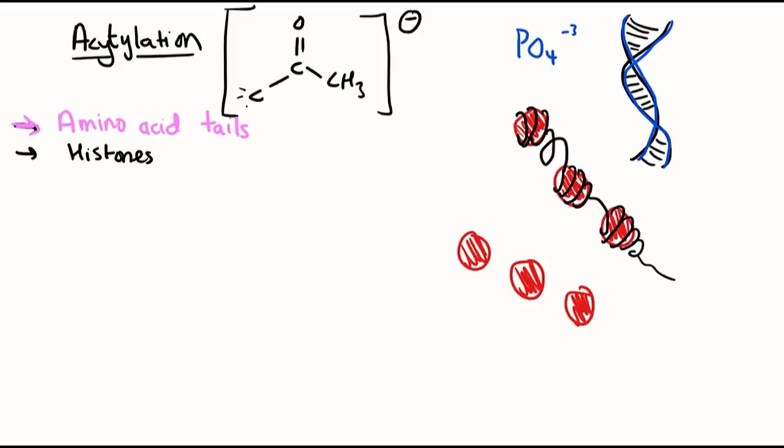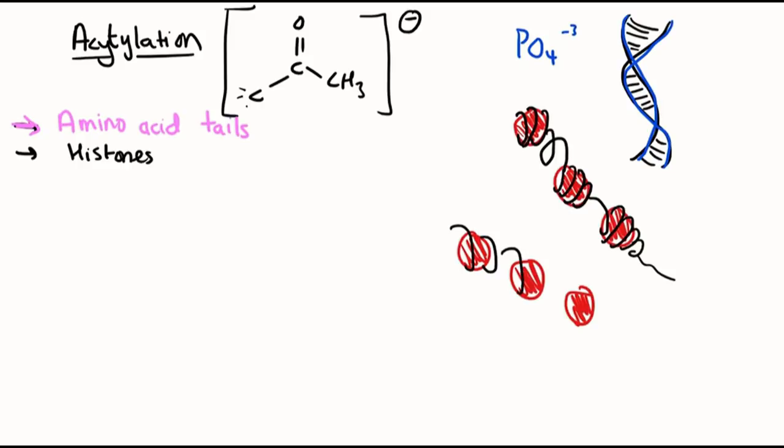They're going to repel each other because opposites attract, but negatives don't. It's like putting 2 magnets together. If you put 2 north poles or 2 south poles together, they're going to repel each other. So when you put your acetyl groups here, it's going to unwind.